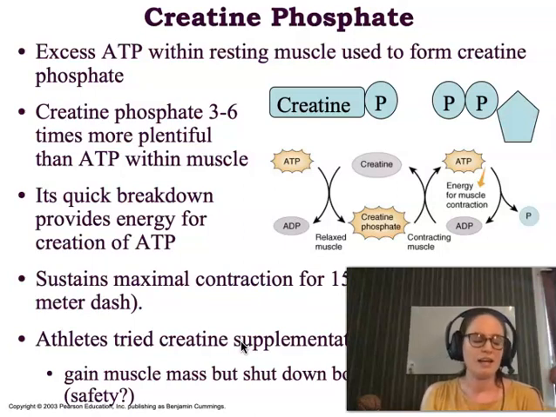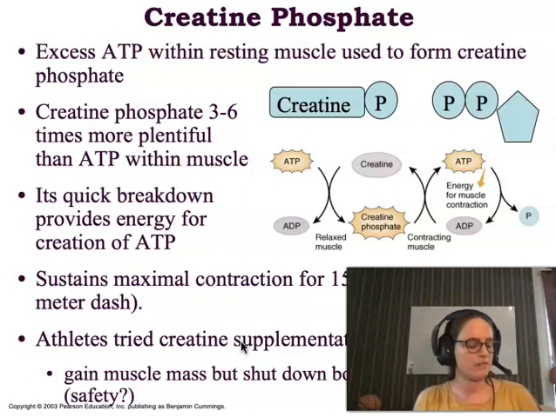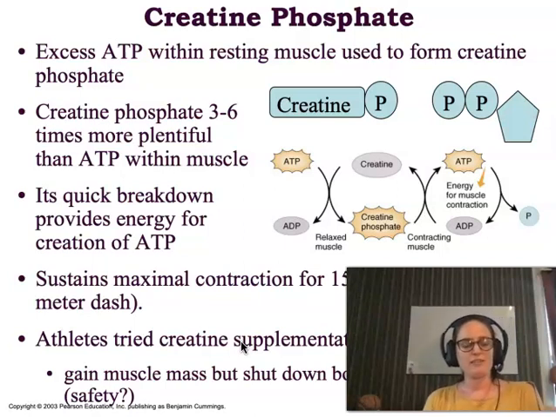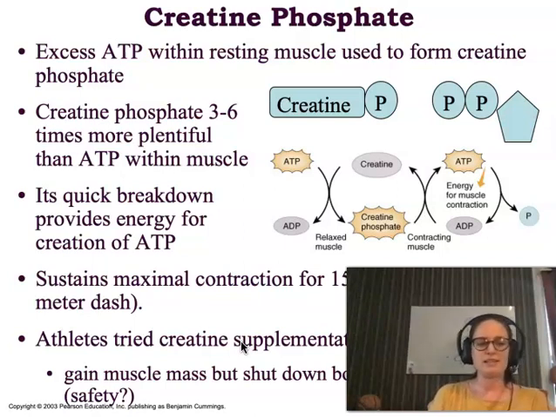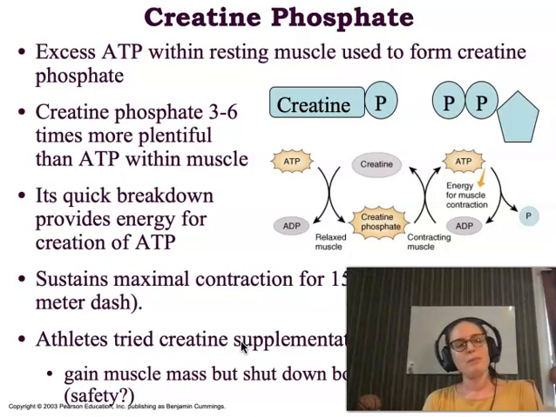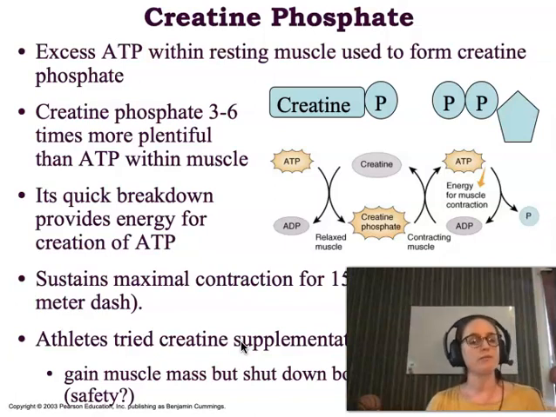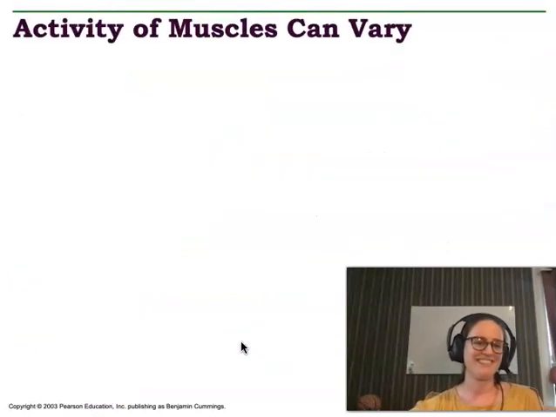You're like, no, I was lifting weights yesterday and I supplemented creatine phosphate. Apparently what was found out after a bunch of athletes tried creatine supplementation is that they got some muscle mass out of it, but their own body's creatine phosphate synthesis pathway was interrupted and they stopped making their own. So that sounds like a bad deal all around. Let's not do that.